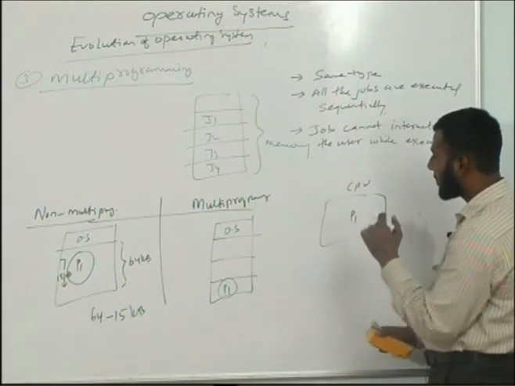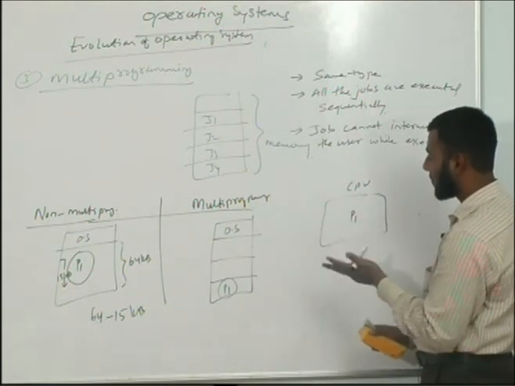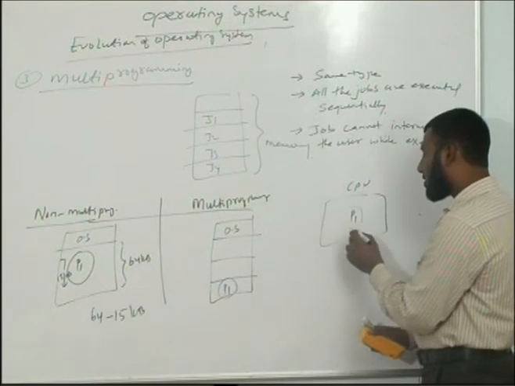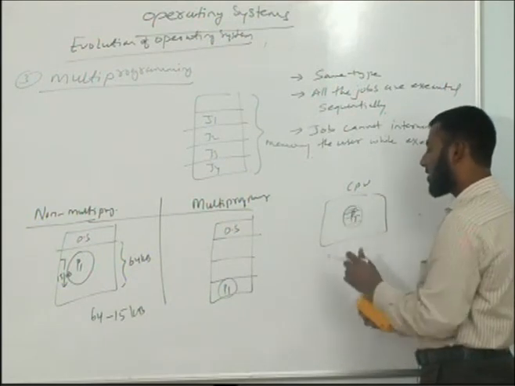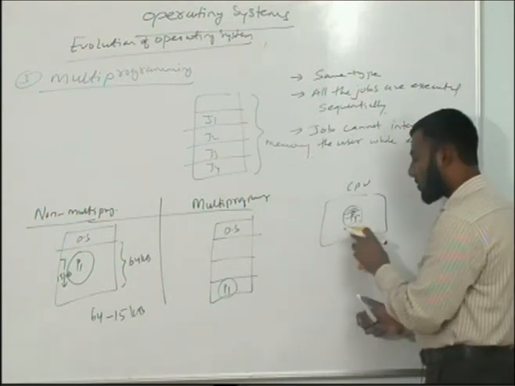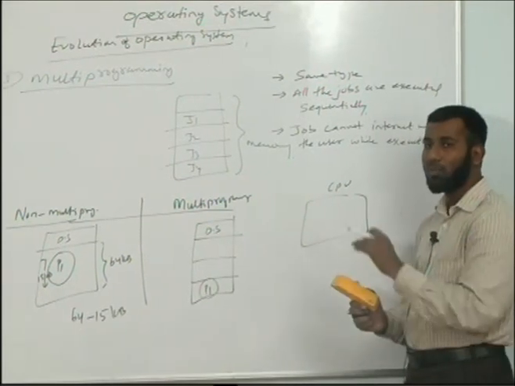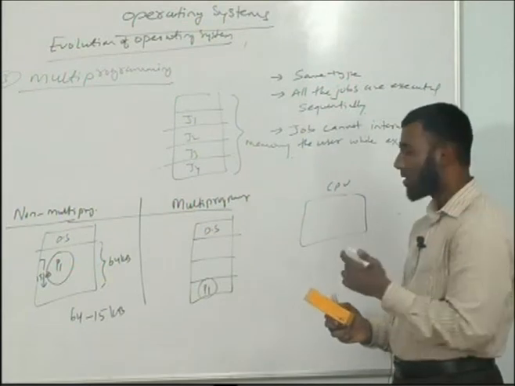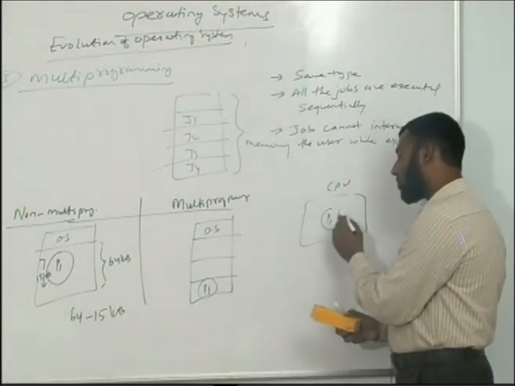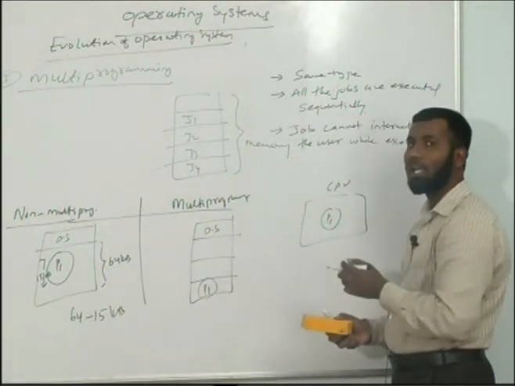Process P1 leaves the CPU only under two situations. One, either the process has completely executed and terminated, it has finished and has no more instructions to execute. In that situation, process P1 leaves the CPU, or process P1 will also leave the CPU if it is performing some IO operation.